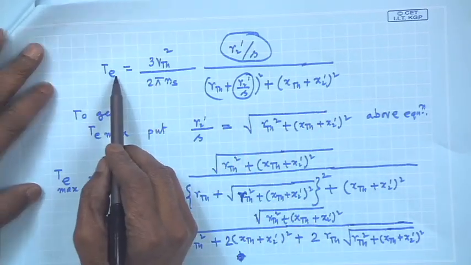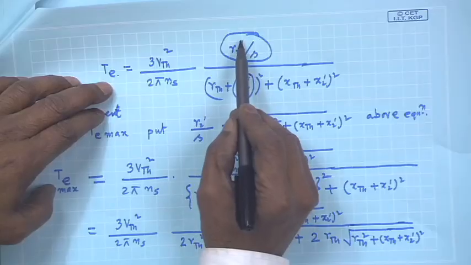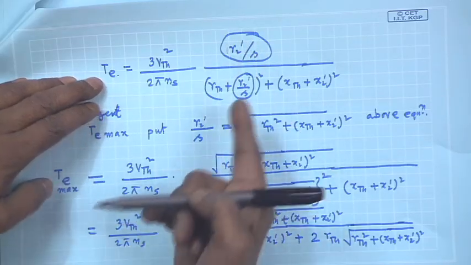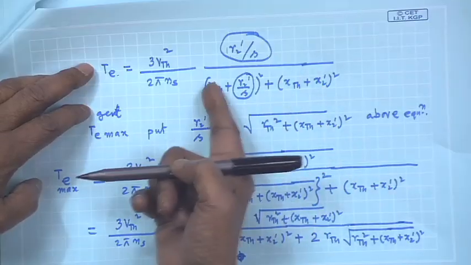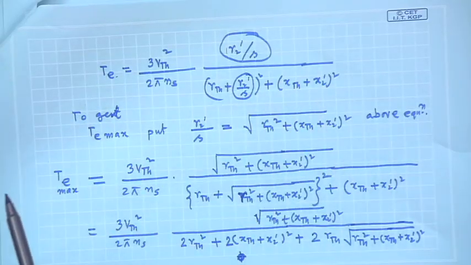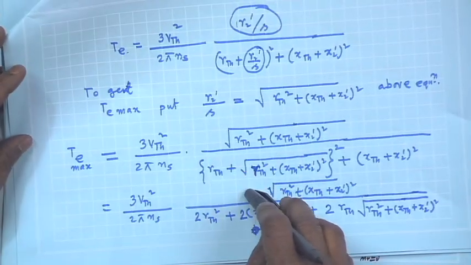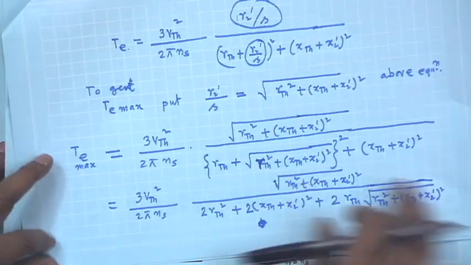So, I will write T max here, put S equal to 1, this will become unknown, then R2 dash plus R2 external, and from this equation I will be able to predict the value of R2 external. That equation should be used, R2 dash equal to alpha.